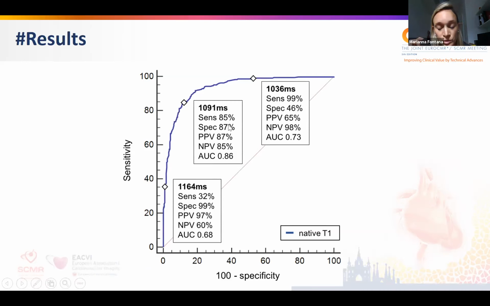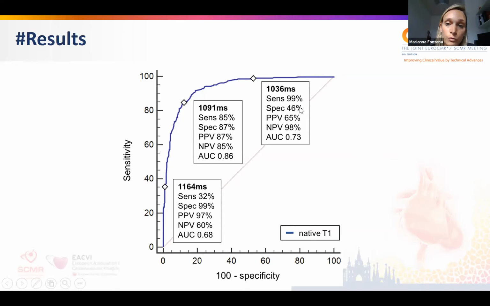But what we thought is that actually in this population, we do not want to use the optimal cutoff. What we want to use is a cutoff with very high sensitivity to basically exclude cardiac amyloidosis, and high specificity to confirm cardiac amyloidosis. Like using, for example, BNP in accident and emergency. So the patient comes with, I don't know, dyspnea, and then the BNP is normal, so there's a high negative predictive value.